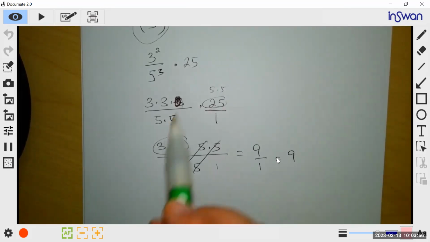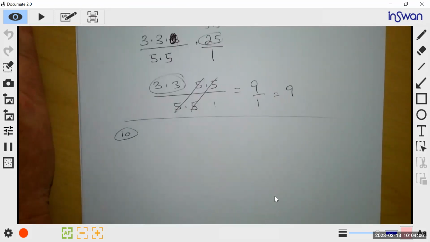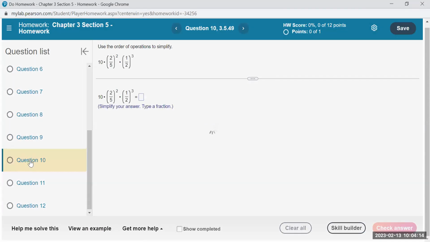Whenever you have multiplication or divisions only, you could just treat those all as one equation. You weren't having troubles?